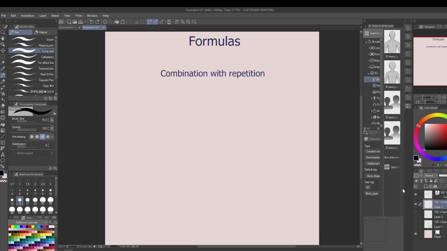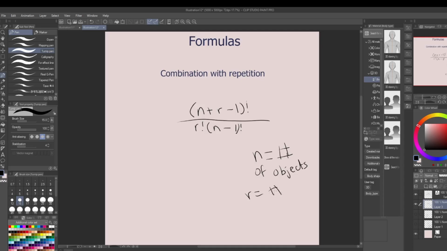So the formula for this would be n plus r minus 1 factorial over r factorial times n minus 1 factorial, where n is the number of objects you have in total, and r is the number of objects you're selecting.